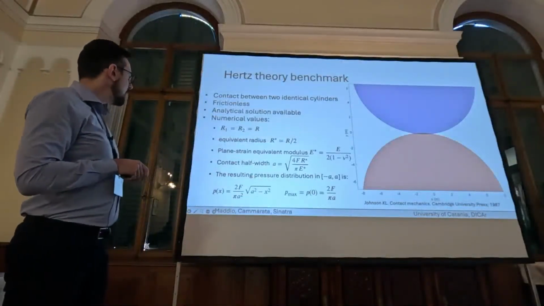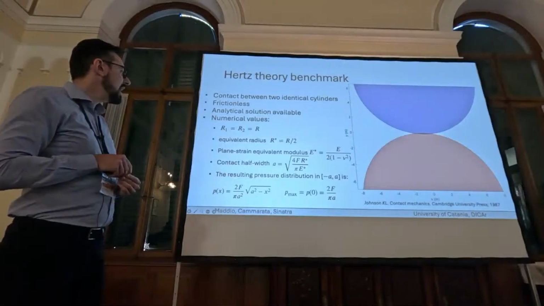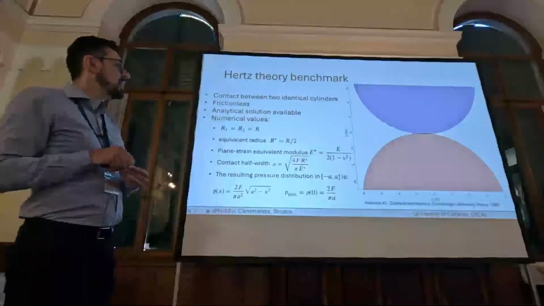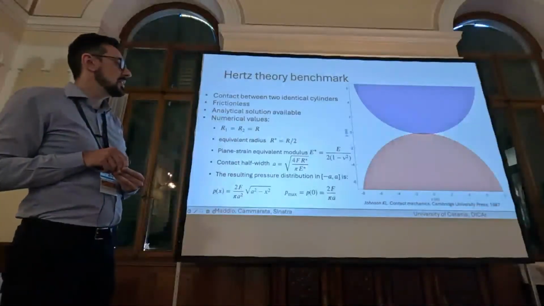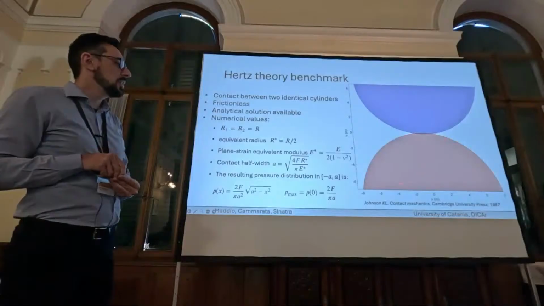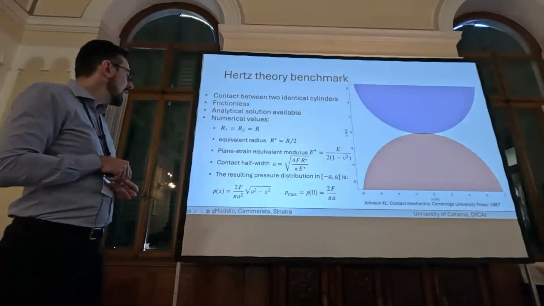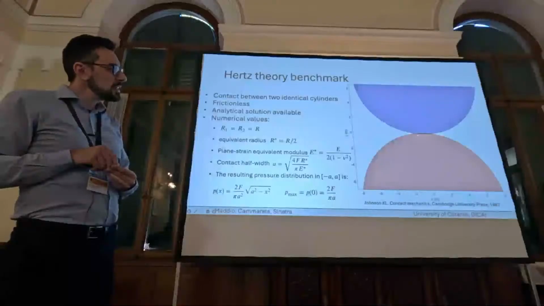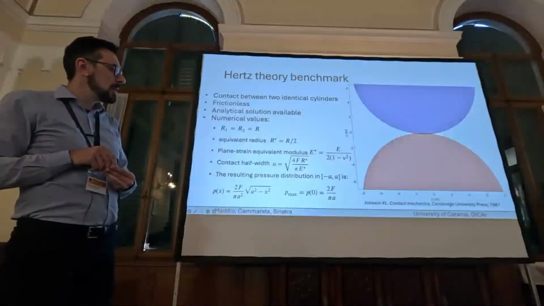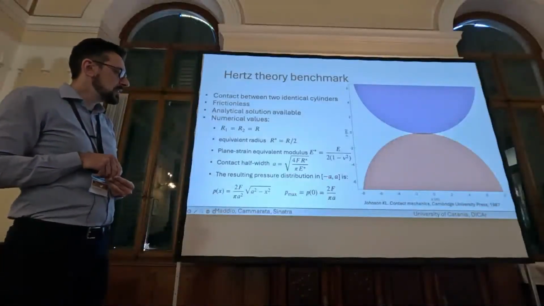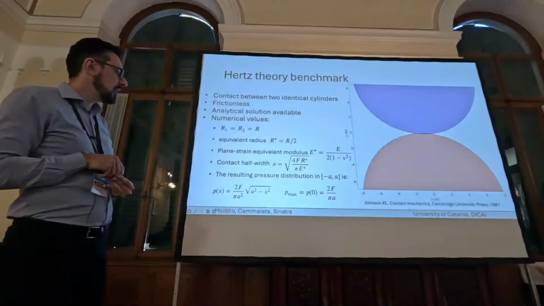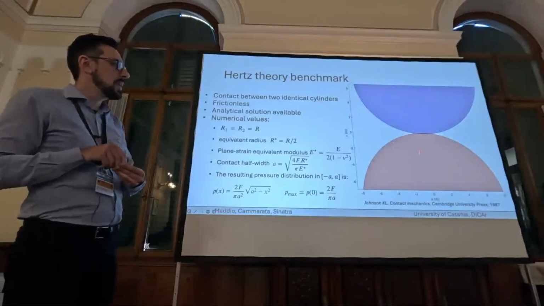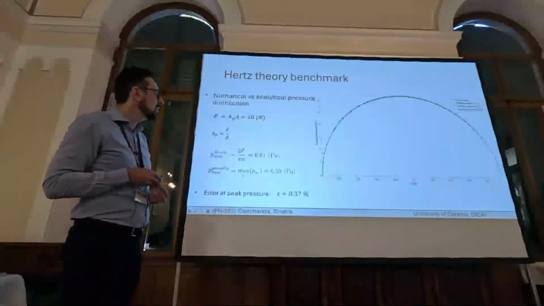And here we have the contact half width. It represents exactly this distance parallel to the x-axis. And we can evaluate the resulting pressure distribution exactly in this overlapping area, where Pmax is given by this formula if we put x equals 0, because it's symmetric with respect to the y-axis.